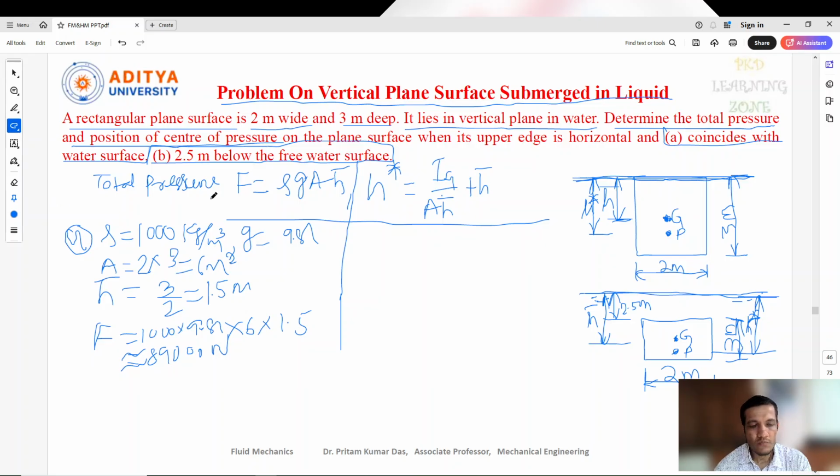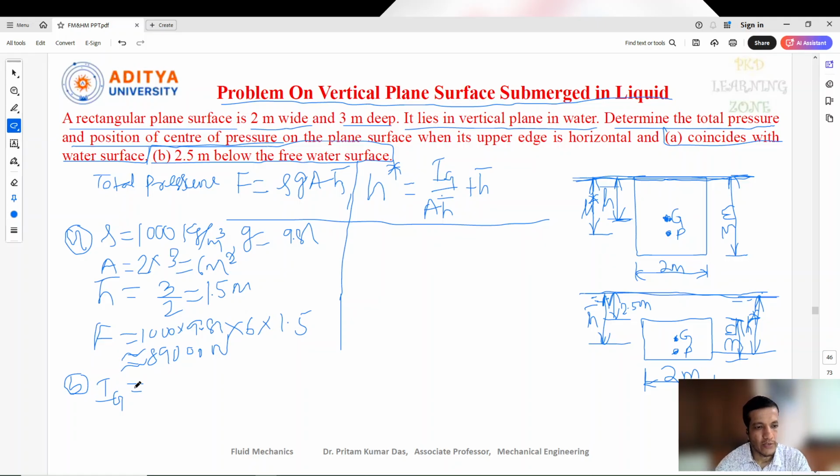And the second one is the point H dash, that is Ig by A H bar plus H bar. H bar we have already calculated here, 1.5. Now we need to calculate the Ig value. Ig is the moment of inertia about the center of gravity of the area of the surface.